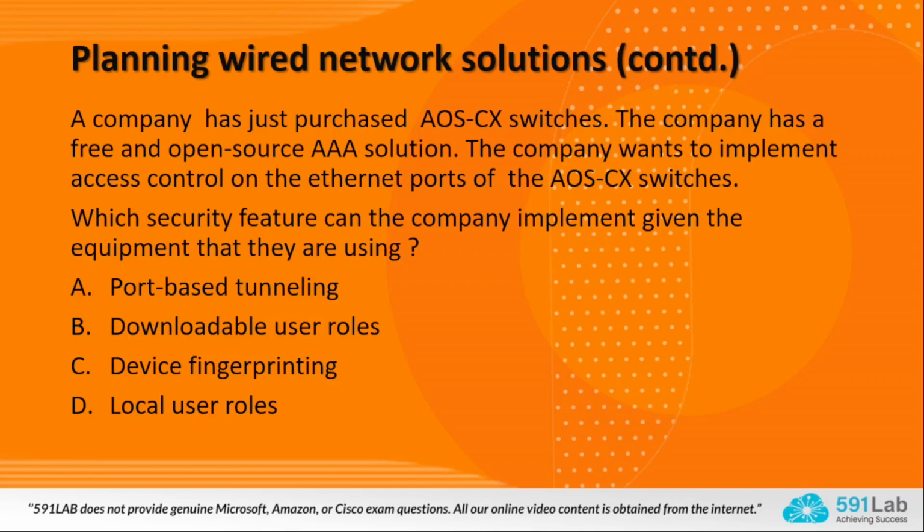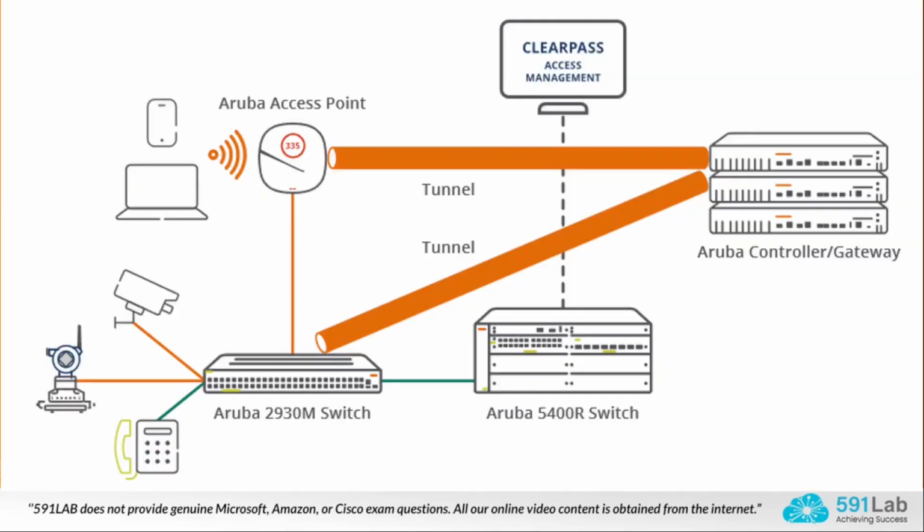Let's go through answers one by one and understand. Option A, port-based tunneling. This shows what happens in port-based tunneling. Switch ports can be individually configured to create a single tunnel to the mobility controller. However, at the mobility controller, each tunnel node port is seen as a separate tunnel to provide more granular visibility, as each tunnel has a unique GRE key.